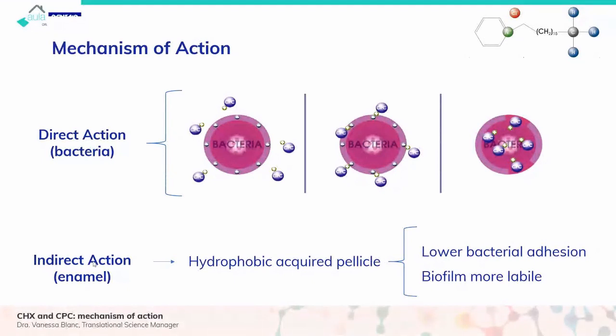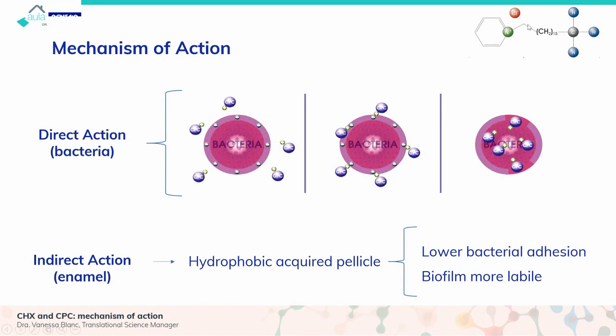So let's see its mechanism of action. Here are the polar and non-polar regions of the molecule that cause CPC to behave as a positively charged cationic surfactant. And this is really important because the CPC molecules can bind to the negatively charged surface of the bacterial cell membrane, similar to the chlorhexidine process.